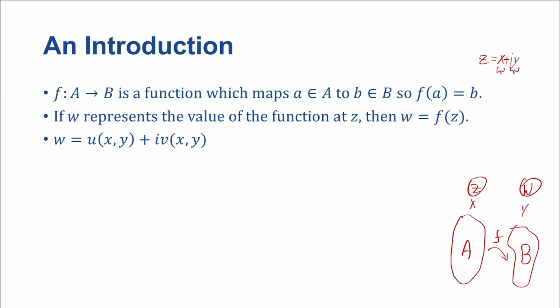This is the convention we're going to use: u is the real component of the function, and v is the imaginary component. Important to note is that these are both multivariable functions. u and v are functions of x and y, and they all go into w.